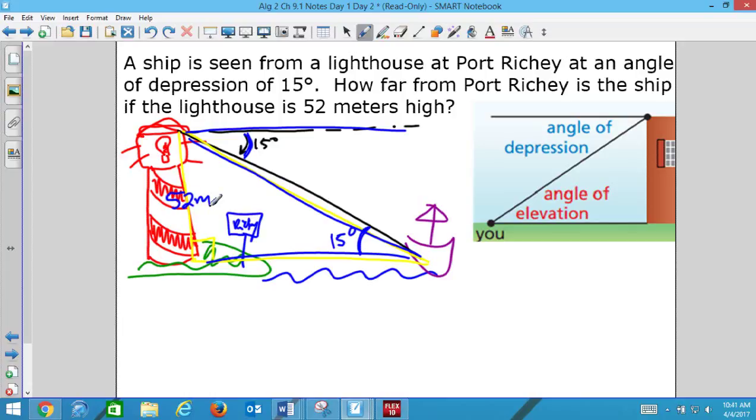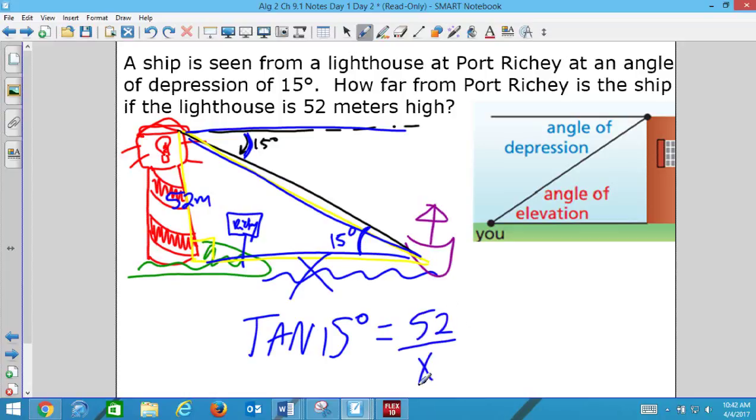And we have to find how far the ship is from Port Richey, so we're finding along the water. Tangent. So according to 15 degrees, 52 is the opposite, and x is the adjacent. We're going to use tangent of 15 degrees is equal to the opposite 52 over the adjacent x.